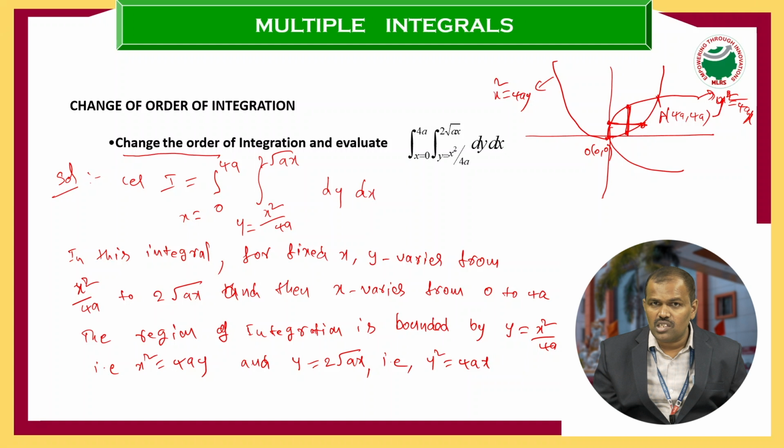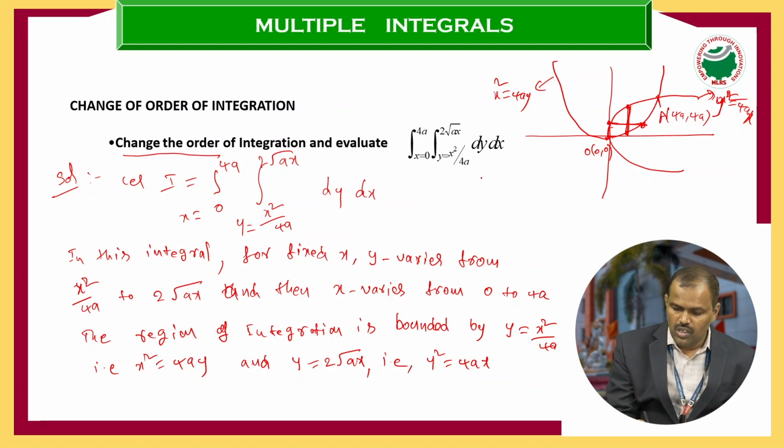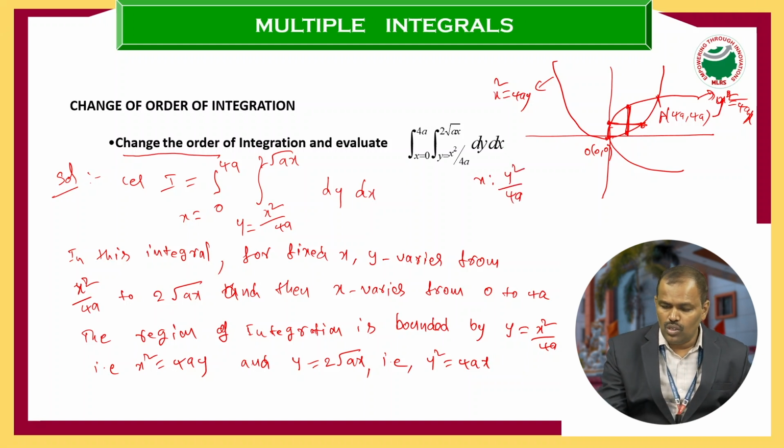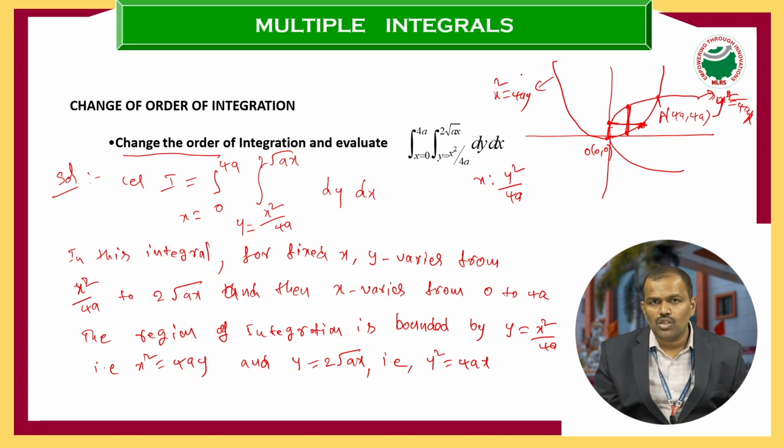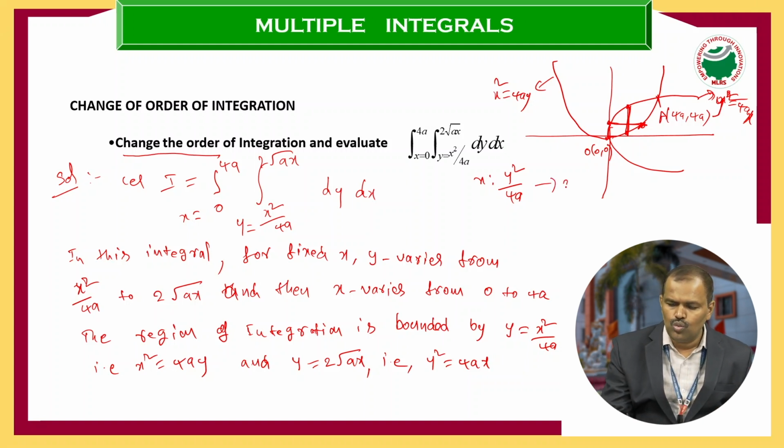That means x is equal to y square by 4a. This is the lower limit. Coming to the upper limit, this lies on the parabola x square is equal to 4ay. X square is equal to 4ay means x is equal to root 4ay, which is 2 root ay. These are the x limits.